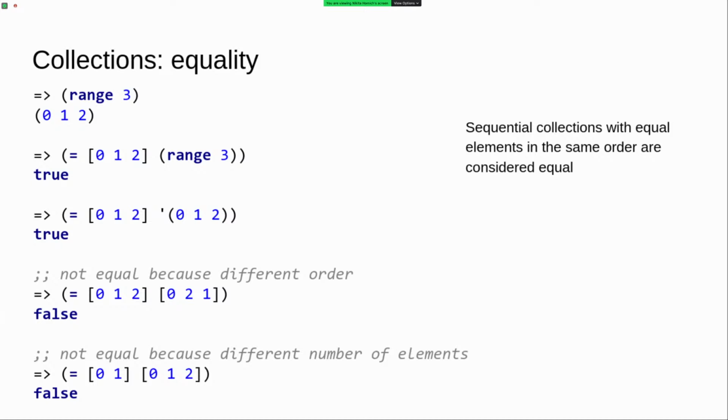So the range function generates numbers 0, 1, 2. On the next line, we test for equality the same range and a manually hard-coded vector of the same symbols. And again, as you can see, the equality works, even though the range function produces a sequence, an abstraction.